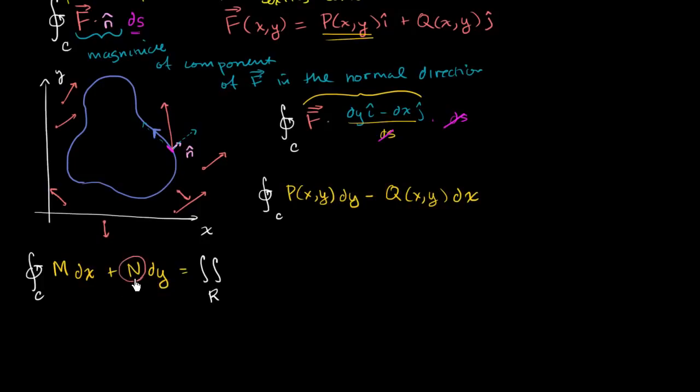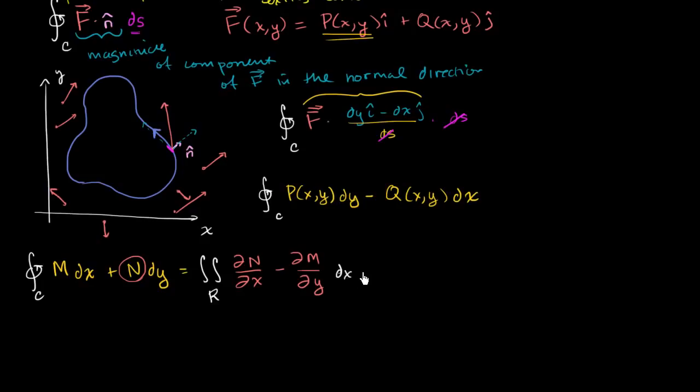So the partial of N with respect to x, and from that you subtract whatever was on the dx side, the partial of M with respect to y, and then you could say times dx dy, or you could say dA for the infinitesimally small little chunk of area. Let me write dA here.